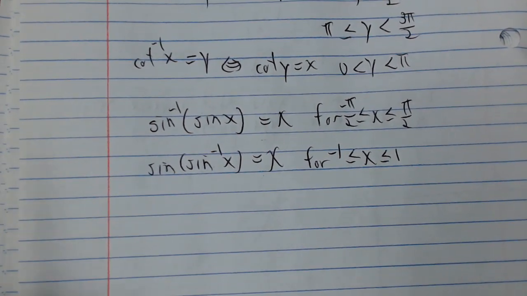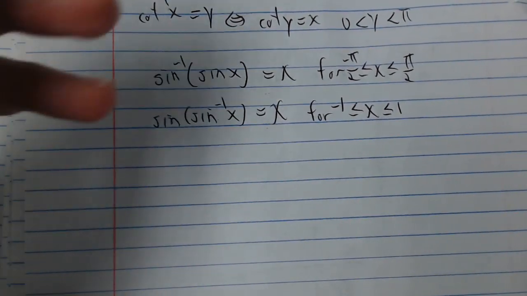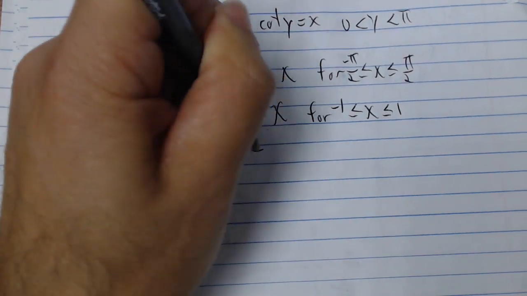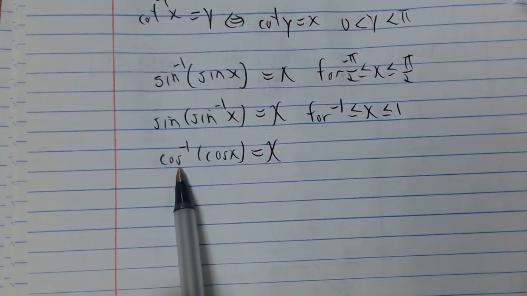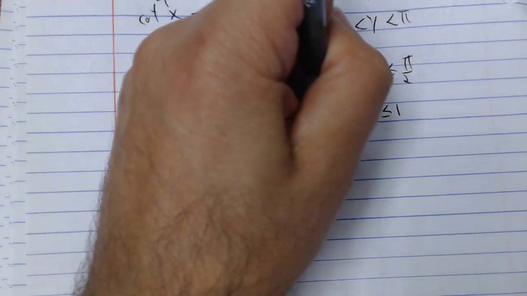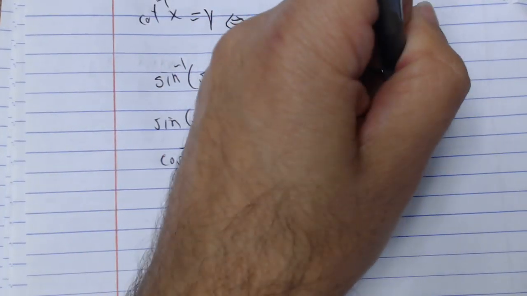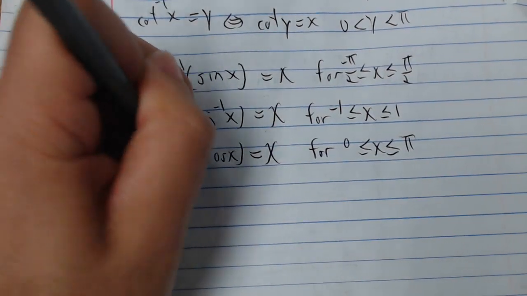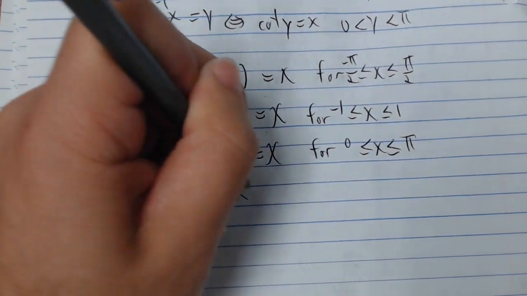Okay, and then of course we can do the same thing for cosine. We could say, look, cosine inverse of cosine of x equals x. Now, if you remember, cosine inverse is performed last, so the restrictions for cosine inverse are from 0 to pi. And then same thing, cosine of cosine inverse of x is x.